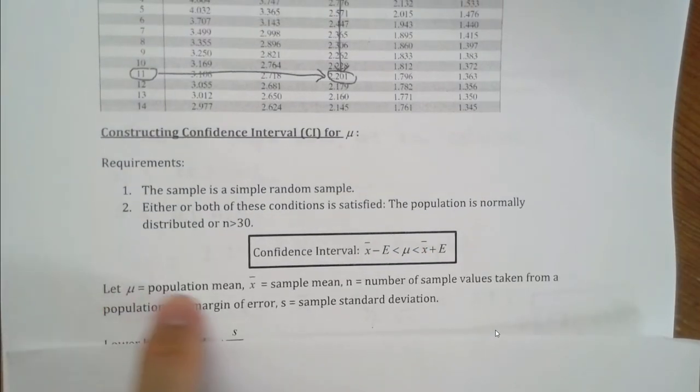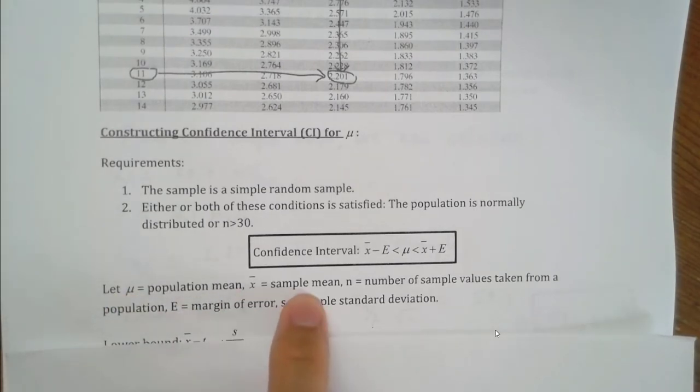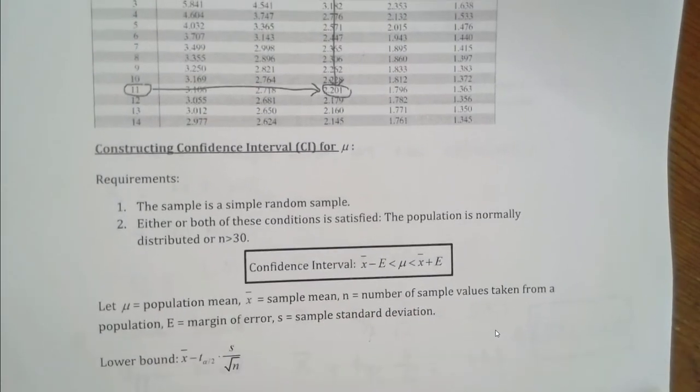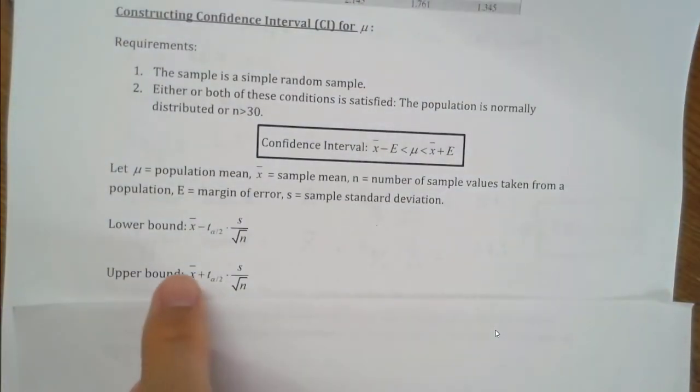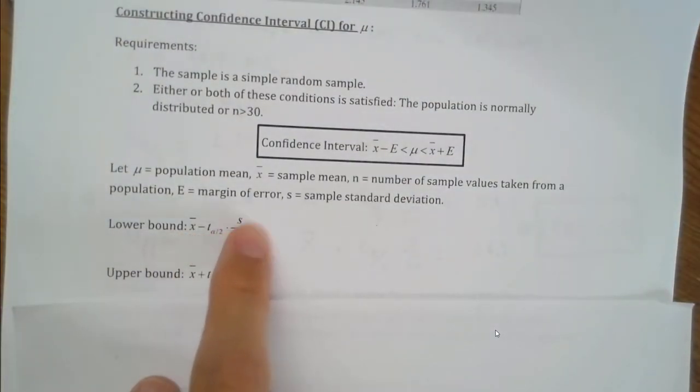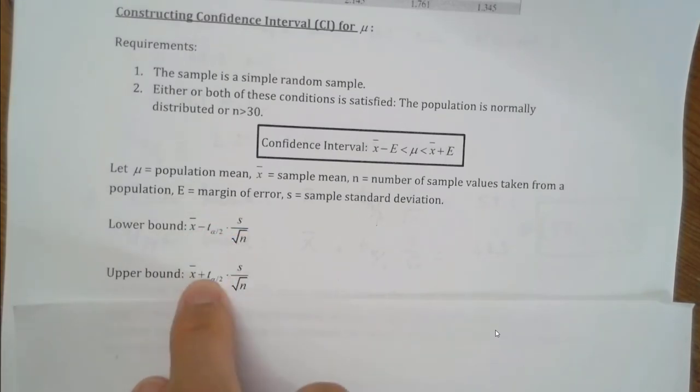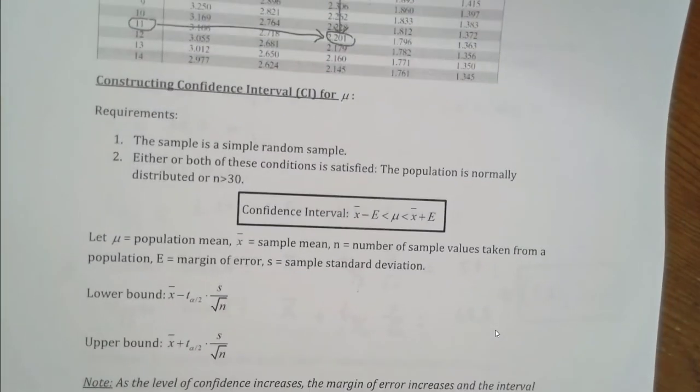And we use the same notation that I discussed earlier. Mu is the population mean, x bar is the sample mean, E is the margin of error, s is the sample standard deviation, and n is the number of the sample. And therefore, you can find the lower bound x bar minus t alpha over 2 times s over the square root of n, and then change the minus to the plus for the upper bound.